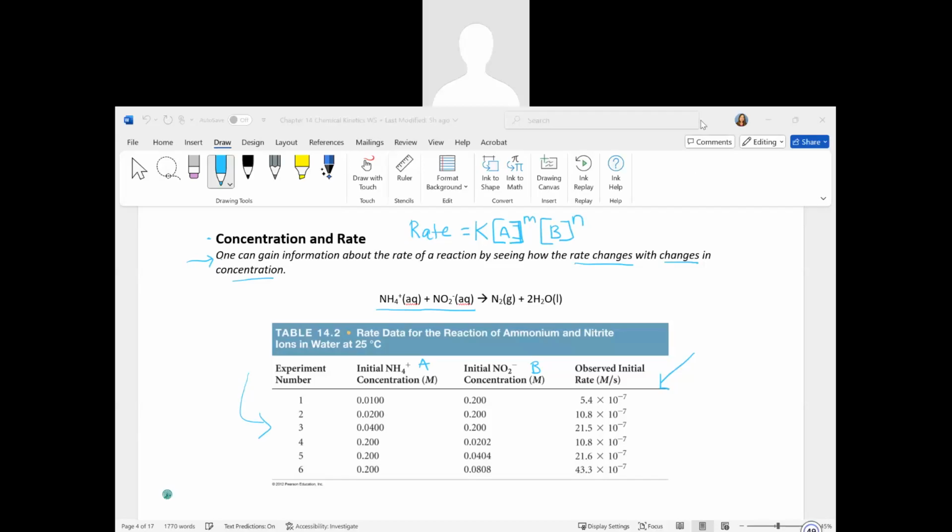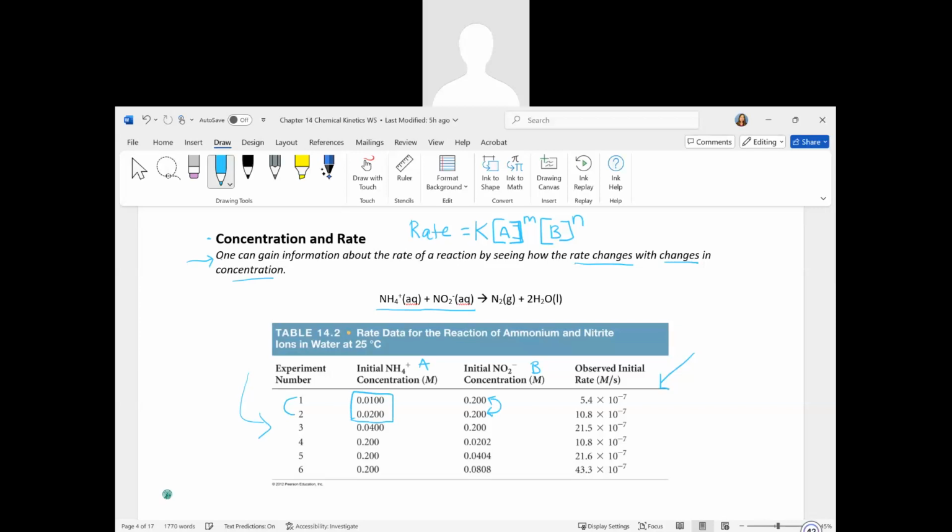So for this specific problem here, say we wanted to find how rate is affected by a change in the concentration of reactant A, I could use equations 1 and 2 down here because I'm changing the concentration of reactant A, but I'm keeping the concentration of reactant B constant.